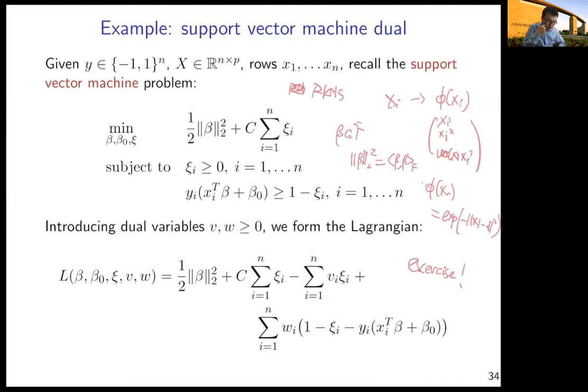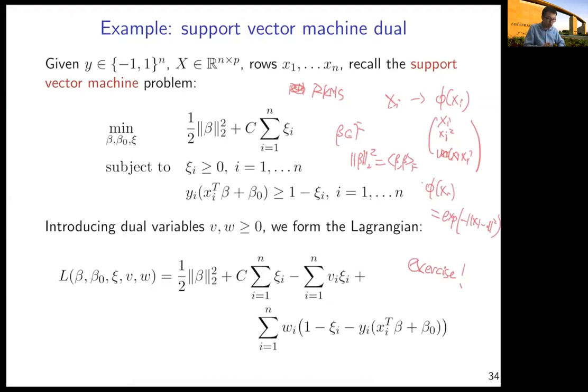The computational challenge associated with this approach is that now that beta is a function, this is an infinite dimensional optimization problem. And how do we solve an infinite dimensional optimization problem on a finite computer? It's not entirely clear, right?